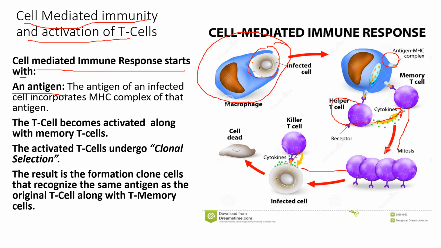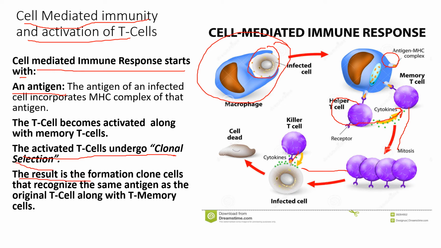And so we have this antigen of an infected cell, and it's engulfed by a phagocyte. It incorporates that antigen and presents it to the T cells. The T cells are involved, and they activate each other. So the T helper cell can help activate the T8 cell, and then the activated T cells undergo clonal selection.